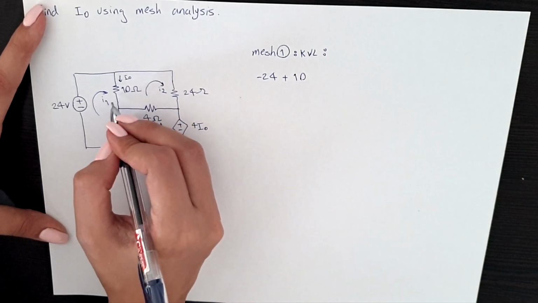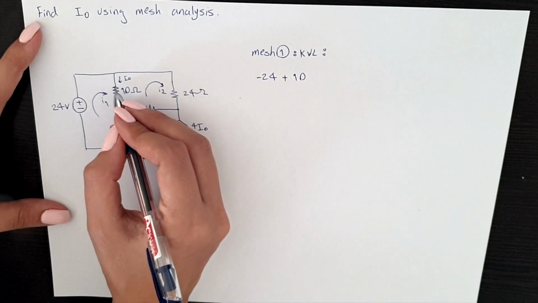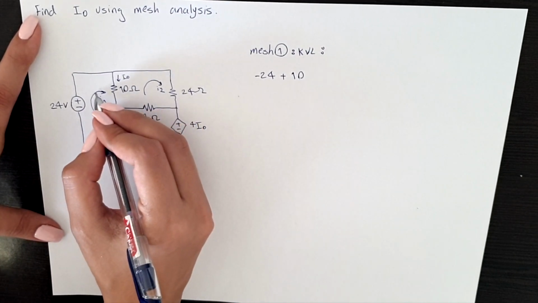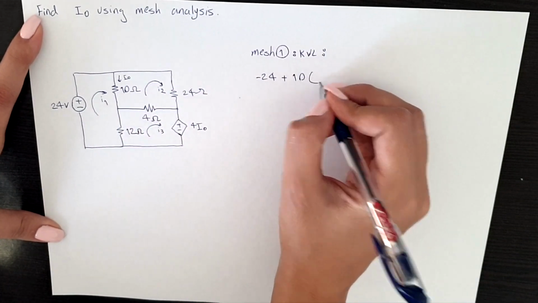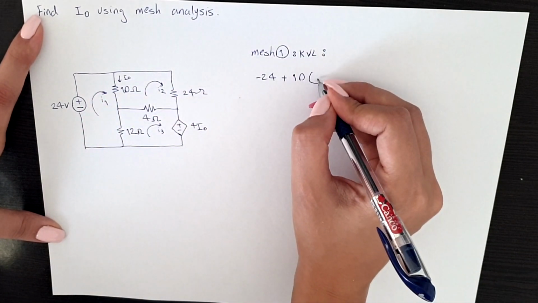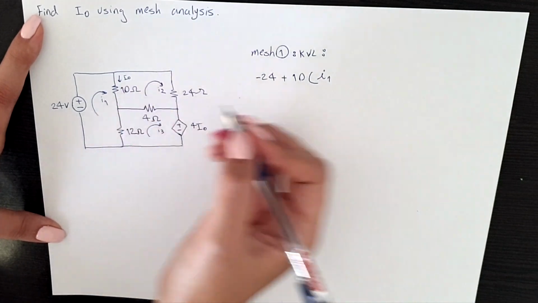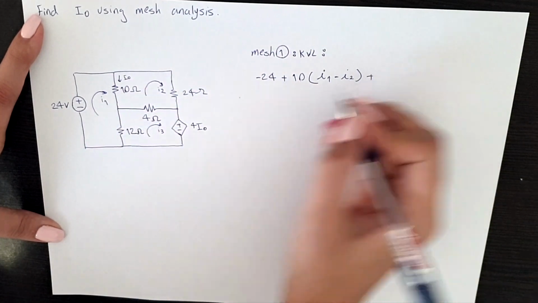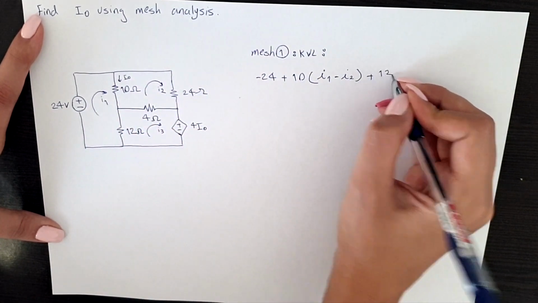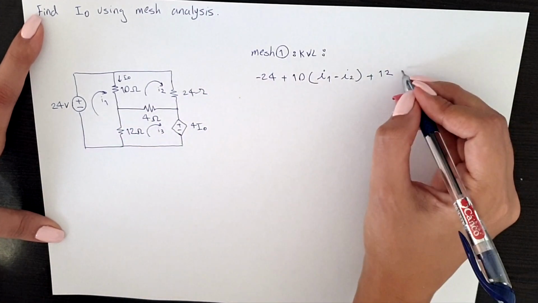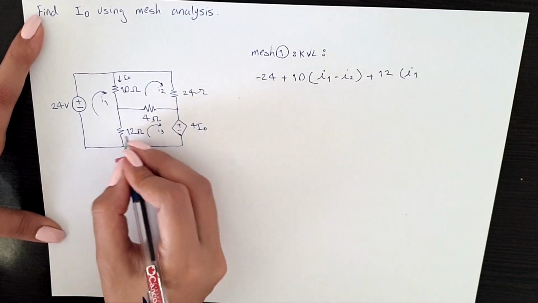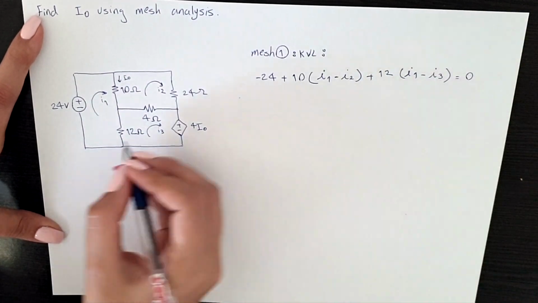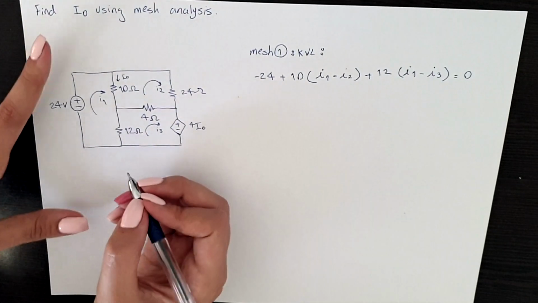We said if we're writing the current for a resistance which has two currents going through it, we say the current is the current of the mesh we're in, which is I1, minus the current of the other mesh, which is I2. Plus, here we have another resistance, 12. So we say the current of our mesh, which is I1, minus the current of the other mesh, which is I3, is equal to 0. Get back to the point we started.